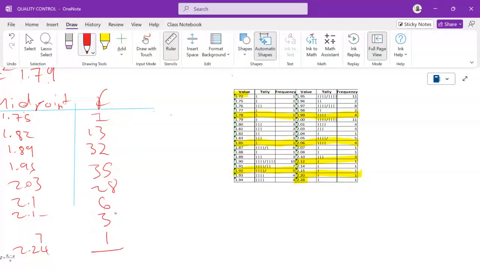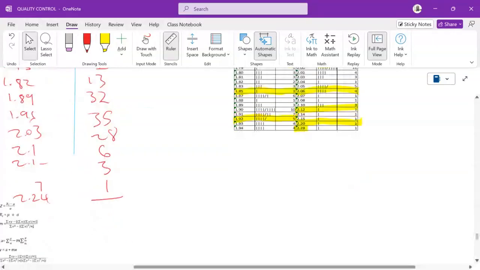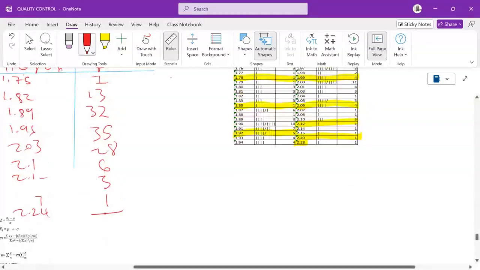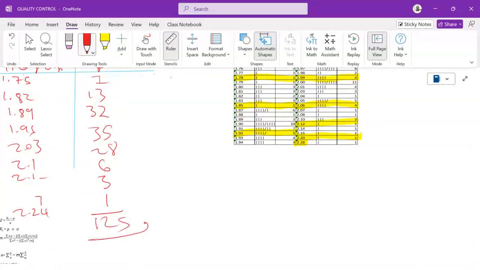So all this combined must give you 125. We have 7 plus 13 plus 32 plus 35 plus 28 plus 6 plus 3 plus 1. All combined in my calculator, I'm getting 125.